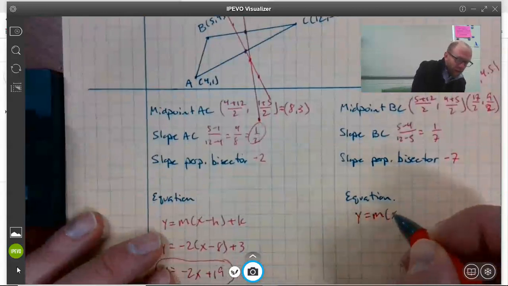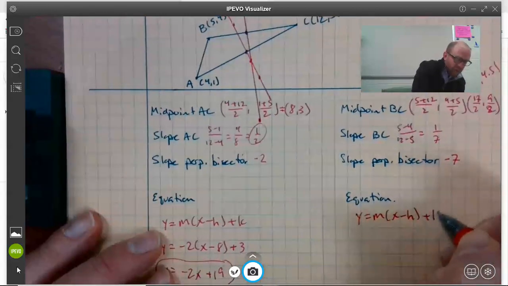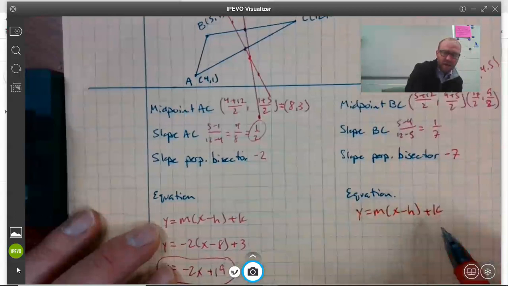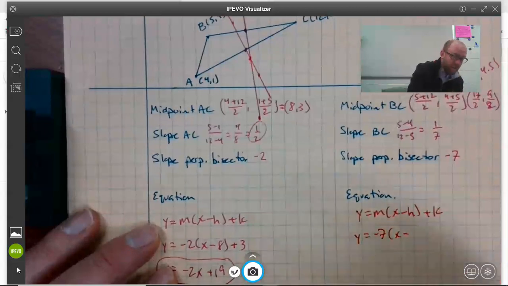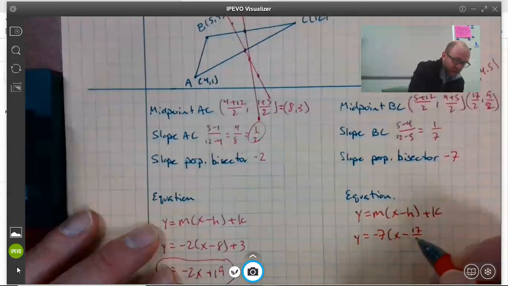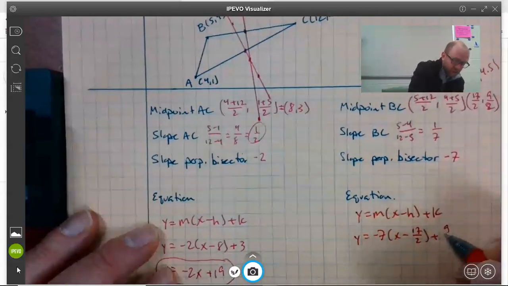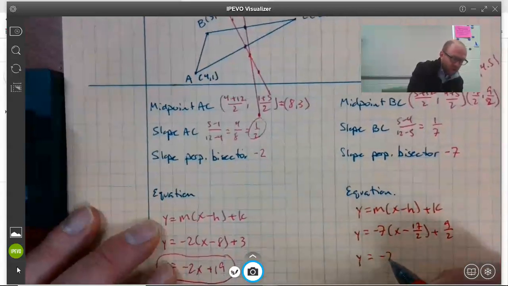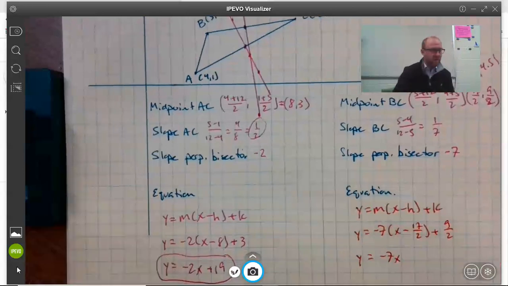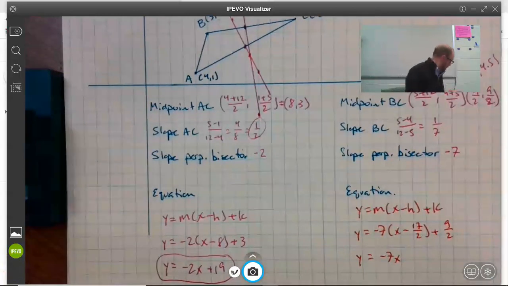All right, so our equation, y equals m times x minus h plus k, where m is the slope and (h, k) is the point. Slope is -7, x minus 17 halves, plus 9 halves. Y equals -7x, and here I want to get a calculator to do the dirty work for me.